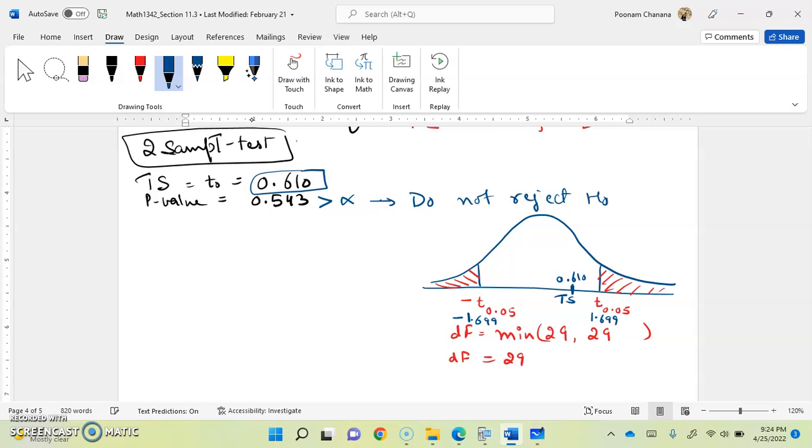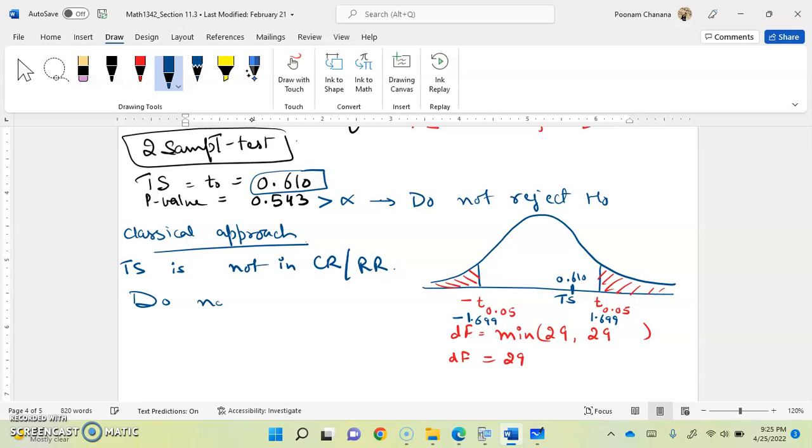It's smaller than 1.699 for sure. So according to the classical approach, the test statistic is not in the critical region or the rejection region. So we are going to say do not reject H naught. This is our decision.